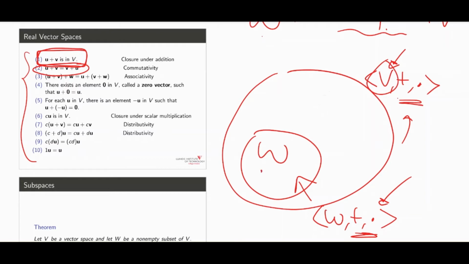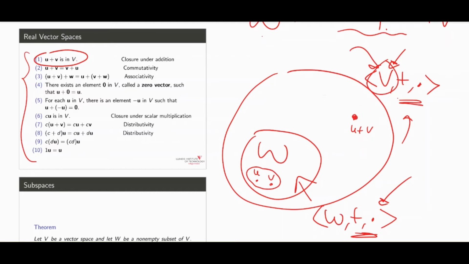But if you take an element here, let's call this U, and call this V, the sum of these two elements could still be in V, but it could be here. So your U plus V could be here. It doesn't violate this rule. If you take two elements that are in W, U here and V here, the sum of these two elements has to be in V, but in V it could be right here, right?